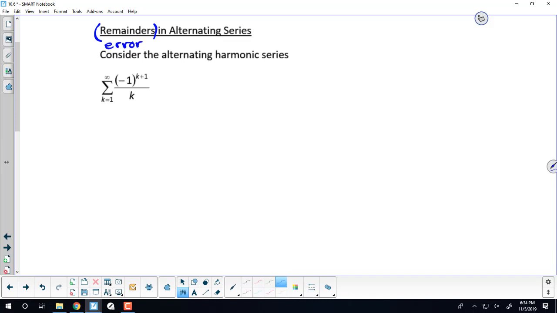If we use an alternating series and say, I'm going to stop after 4 terms, we can determine how much that's actually off of the actual sum. We're not actually going to prove the theorem itself, but it is stated below. So let's consider the alternating harmonic series and write out a few terms here, just to see where some of this stuff in that theorem comes from.